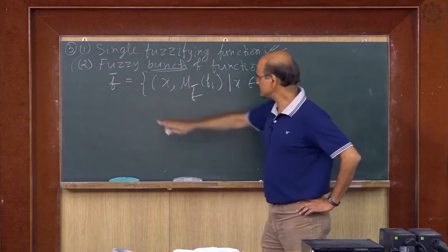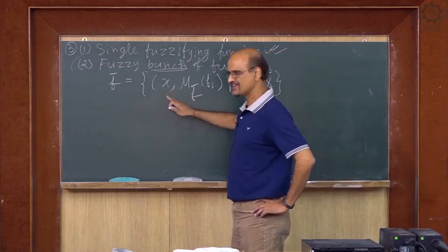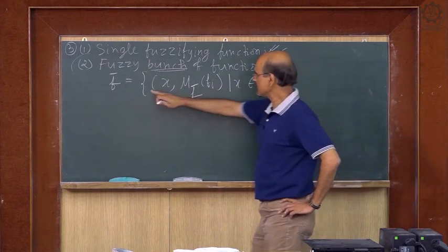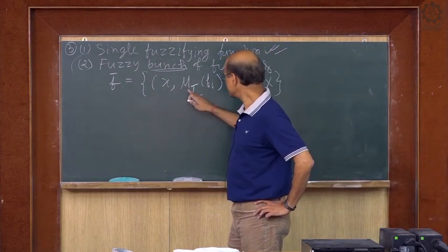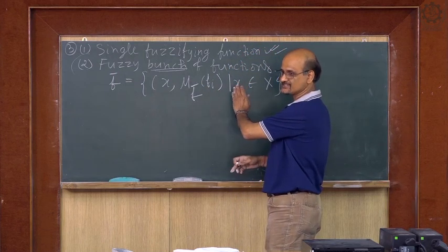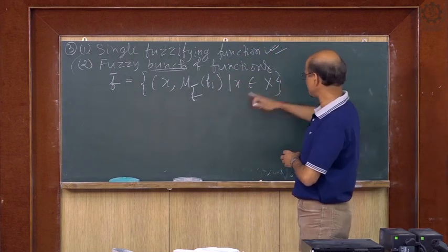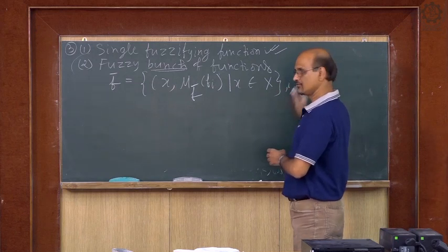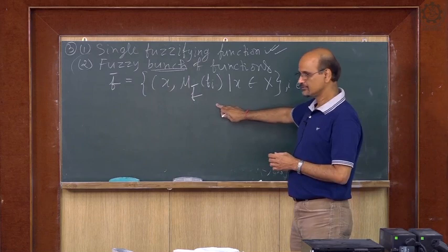Suppose this is a fuzzy set, A bar is x comma mu A bar x, x belongs to X. Similarly, f bar, x, mu f bar fi are different functions. That is why it is a bunch of functions f1, f2, f3, depending upon i, and i belongs to n, you can write. Okay?